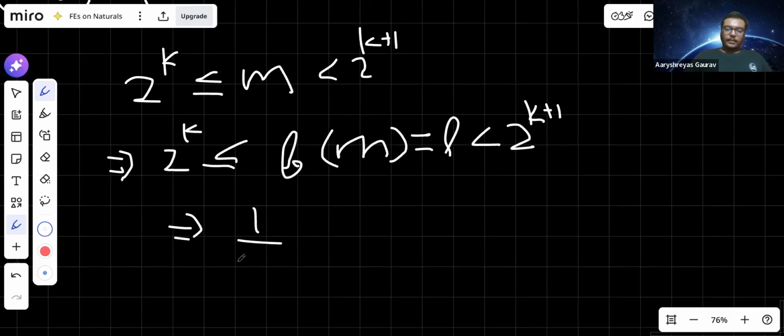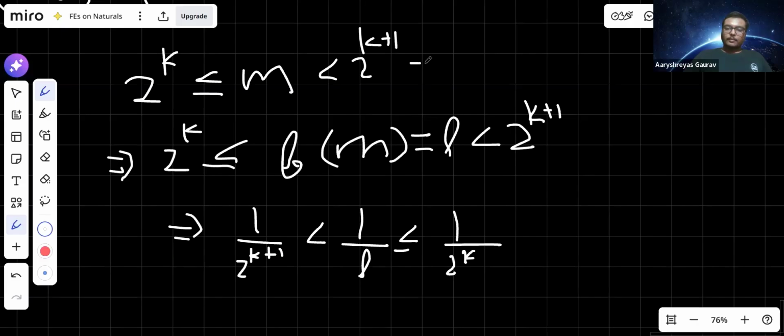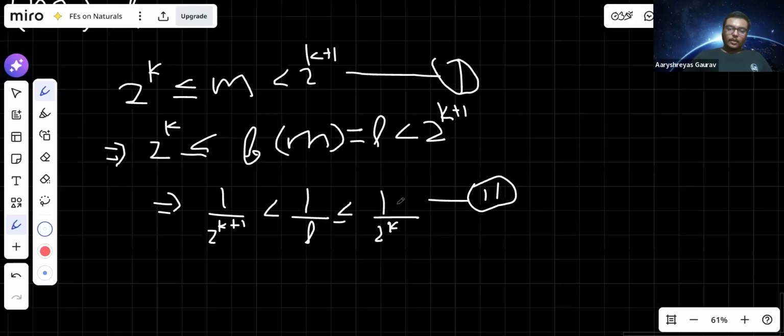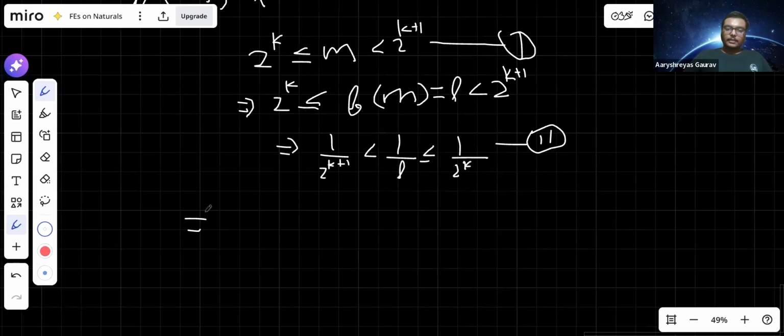I can get 1 by 2 to the power k plus 1 is less than 1 by L, which is less than or equal to 1 by 2 to the power k. So just multiply this equation and this equation. What we will get is a nice thing, that we are able to bound m by L in a range.